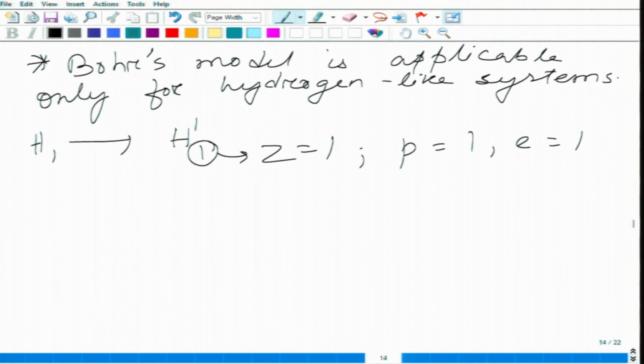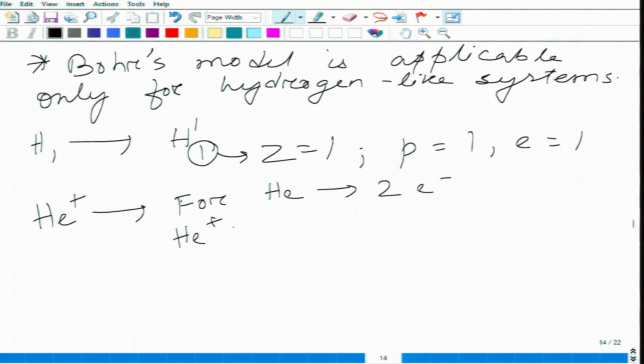And what are the hydrogen-like systems? Like He+. For helium, the electrons are 2. So, for He+, what will happen? 1 electron. So, Bohr's model is applicable for single electron systems.